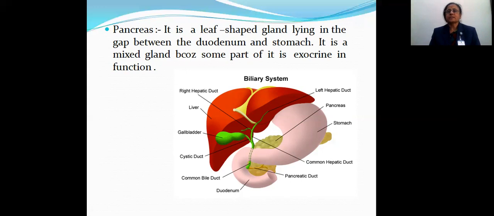The pancreas also secretes the hormone known as insulin, and this insulin is poured directly into the blood. So this gland is also known as an endocrine gland. In this way, the pancreas is an exocrine and endocrine gland, so together it is known as a mixed gland. It completes the human digestive system.